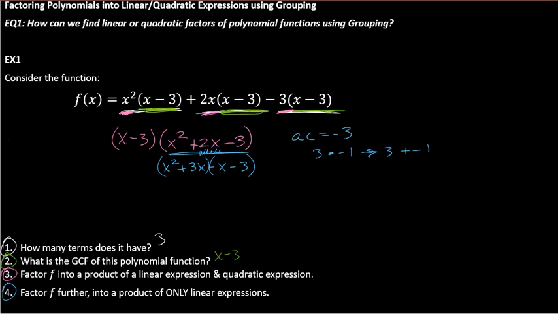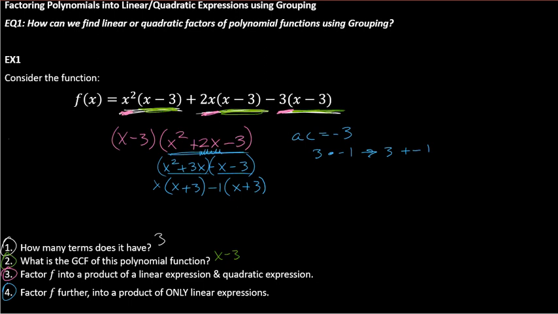And then we factor. So here on the left, our GCF is going to be x. That leaves me with x plus 3. Here on the right, we don't want a leading negative coefficient, so we're going to factor out a minus 1. That also leaves me with x plus 3.